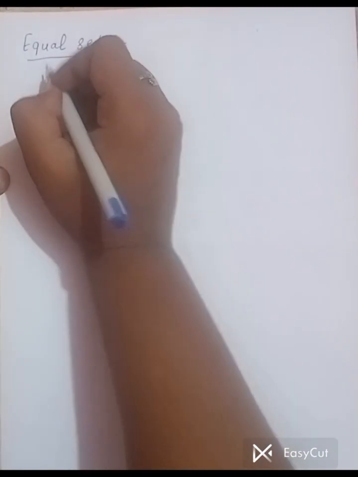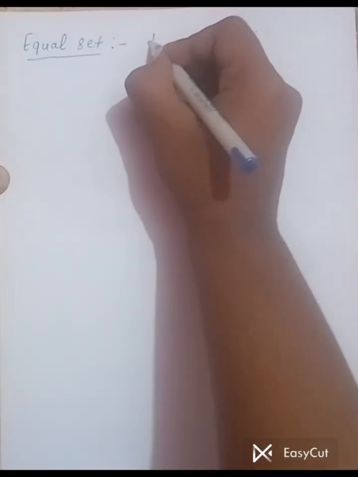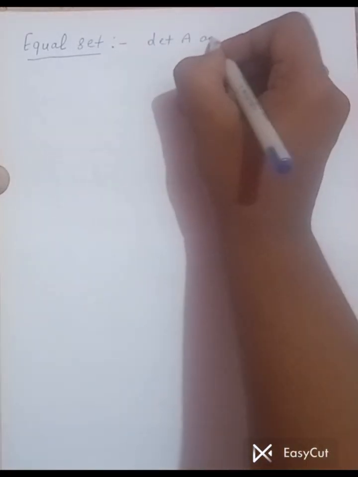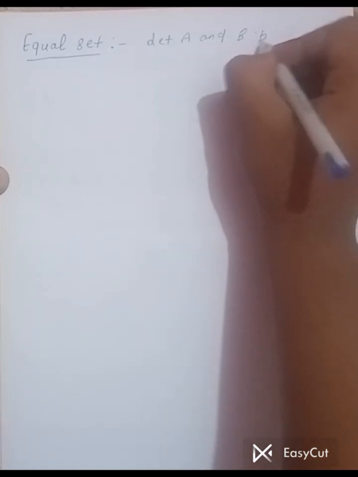Equal set. What is the special property of two sets that they can be equal? Let A and B be two sets.